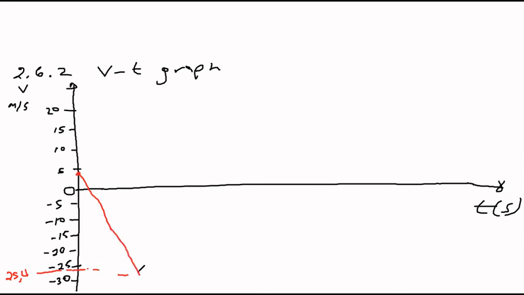So we draw a straight line there, it must be a straight line. Then the object hits the ground here, after 3 seconds, then it is in contact with the ground.